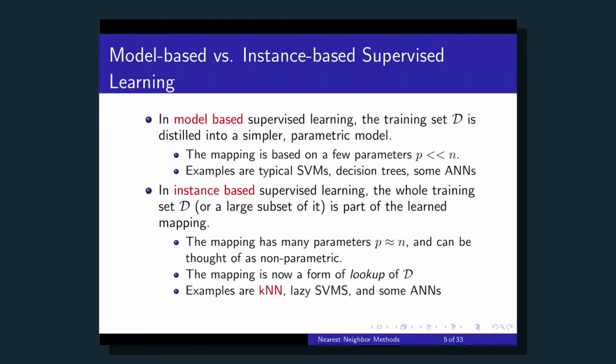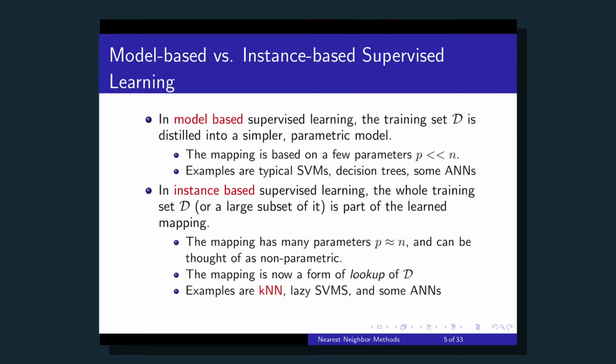Another distinction I want to talk about today is two types of supervised learning. We have model-based supervised learning and instance-based supervised learning. The difference is that in a model-based learning method, you take the whole training set D, the data set, and you try to distill it into a simpler and usually parametric model.